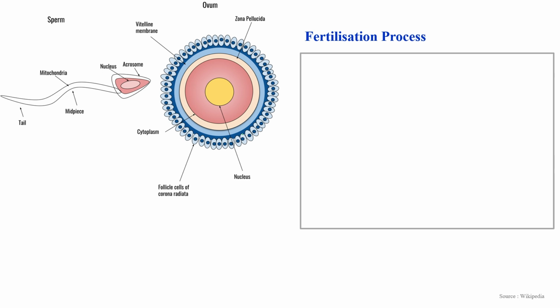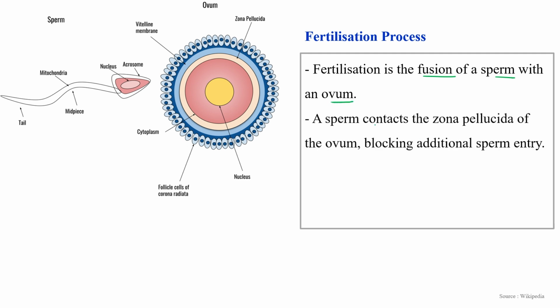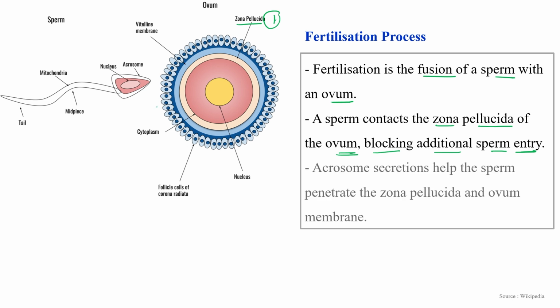Okay, now the fertilization process. What is fertilization? It is the fusion of sperm and ova. Correct? So sperm initially contacts the zona pellucida. This is the layer, zona pellucida, the first layer of the ovum, blocking additional sperm entry. So very quickly it contacts the zona pellucida.